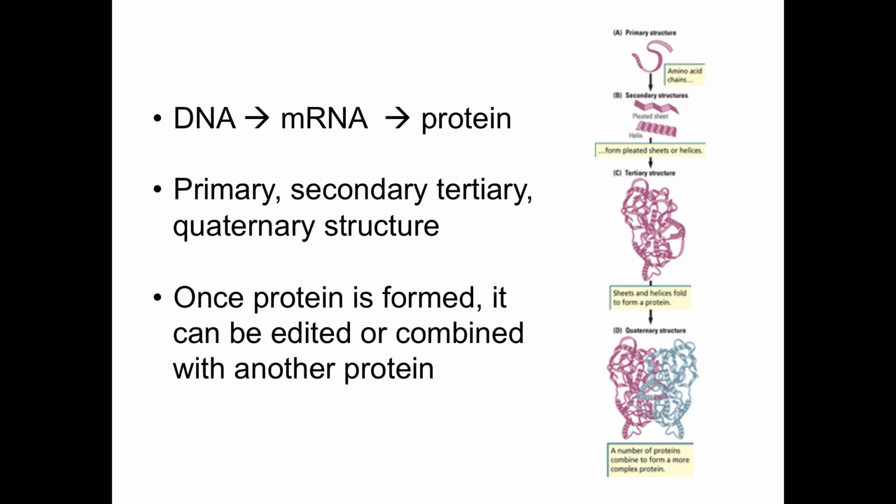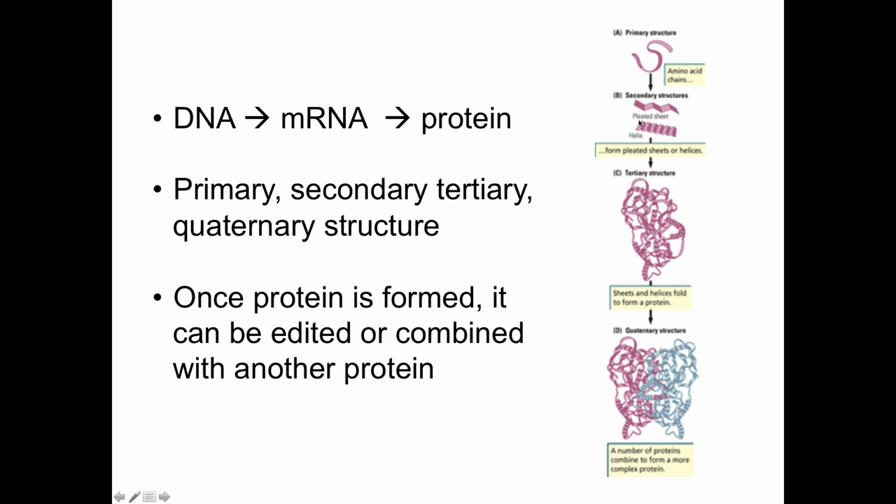Then these structures in turn also like to fold together and make a more complex shape. This is what we call a tertiary structure. When these polypeptide chains are in their tertiary structure, it is technically already a protein. So it's a very simple protein. And if you combine more of these tertiary structures, you can make a more complex protein.